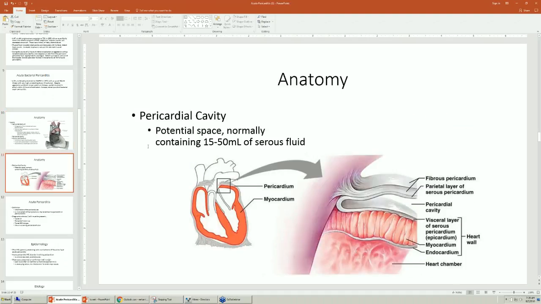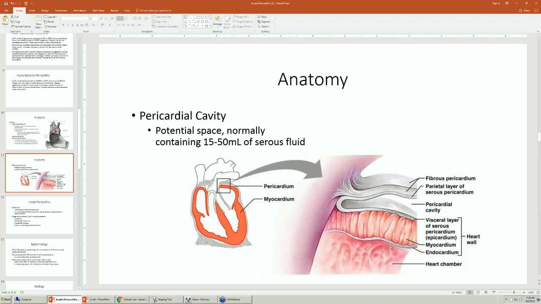So it's a potential space. Here we go. We've got 15 to 50 milliliters of pretty clear-looking, straw-appearing fluid. Usually there's no blood in it. If there is blood, it's traumatic. So this is not something you'd be tapping because the space is almost non-existent, and so there's not going to be a space when you put a needle in.